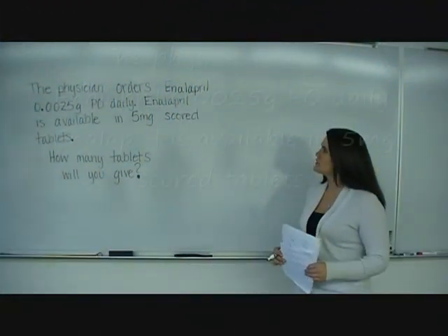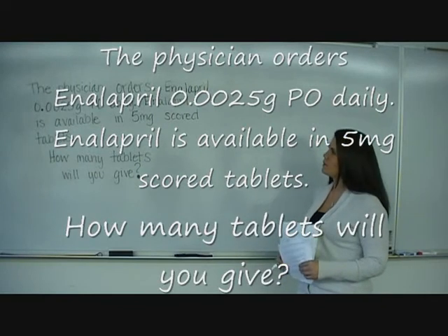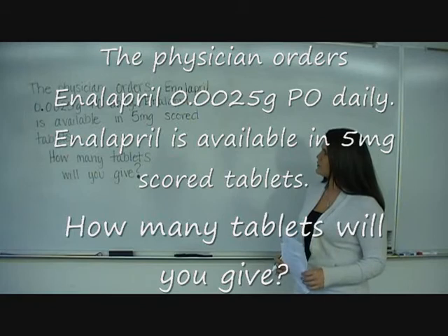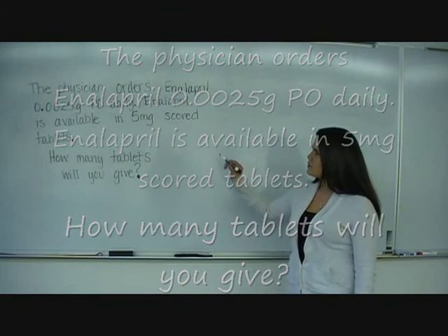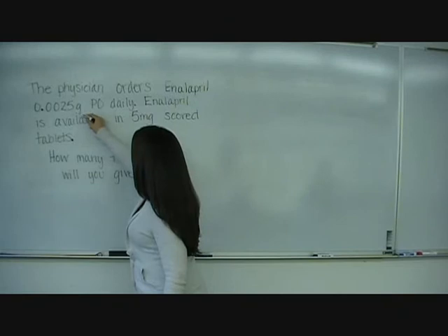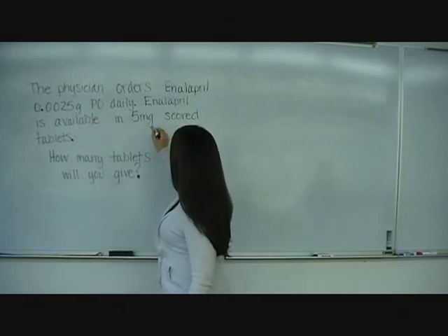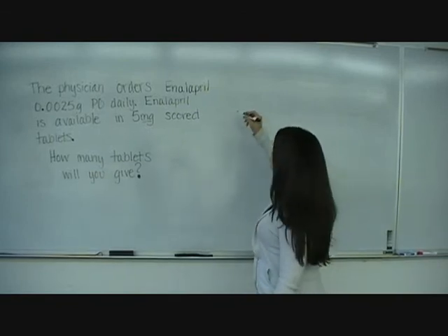The physician orders enalapril 0.0025 grams by mouth daily. Enalapril is available in 5 milligram scored tablets. How many tablets will you give? So I would start this by realizing we have 2 different units of measurement and trying to make them the same.